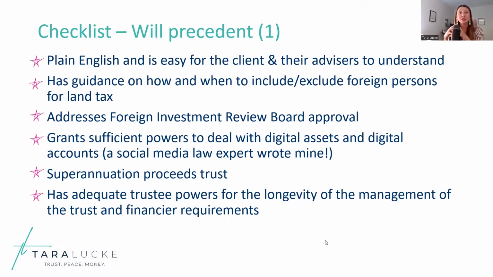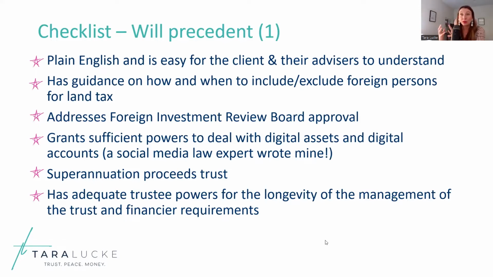So what you need is a sub-trust or a separate trust that only receives super, and the range of people who can benefit from that super money is limited to those death benefit dependents for tax purposes. It's just there to make sure that there's no detriment on paying the super into the testamentary trust.